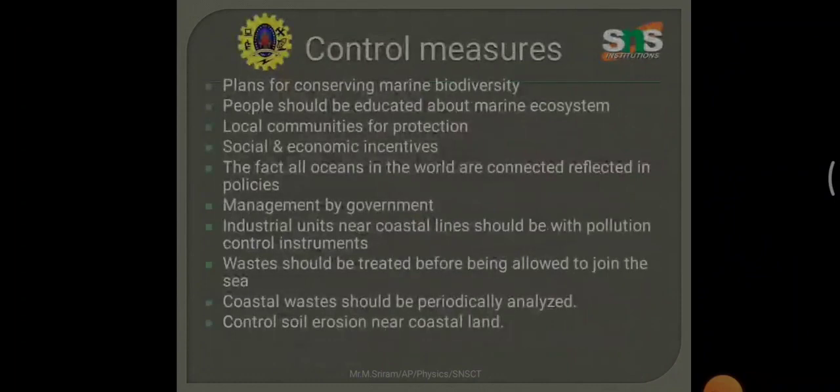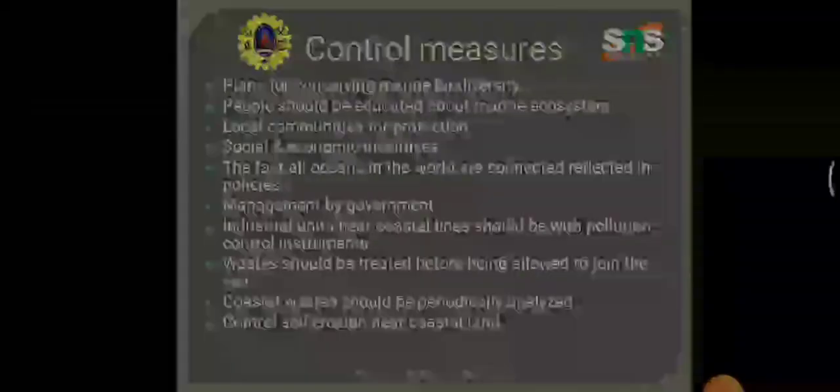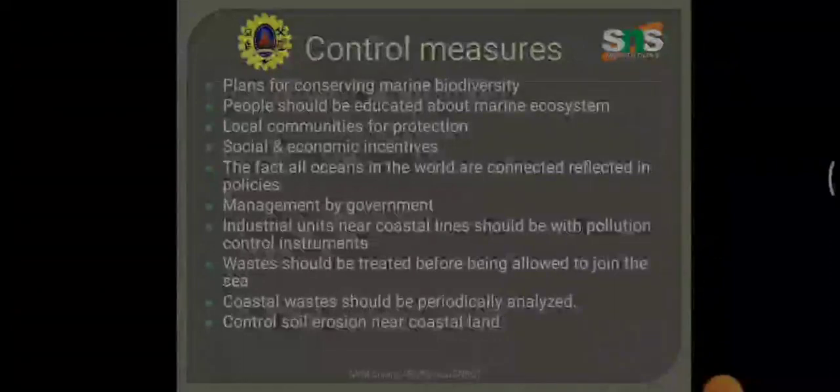So the effects of marine pollution. The presence of heavy metals and organic pollutants causes more damage in birds, such as eggshell thinning and tissue damage of eggs. Oil pollution causes damage to marine fauna and flora, including algae, fish, birds, and invertebrates.